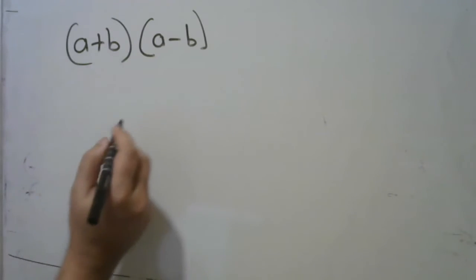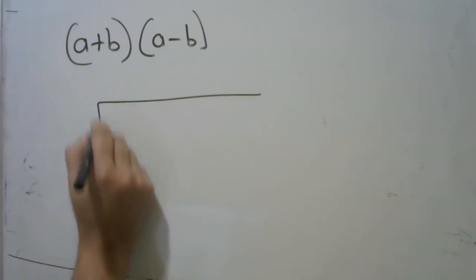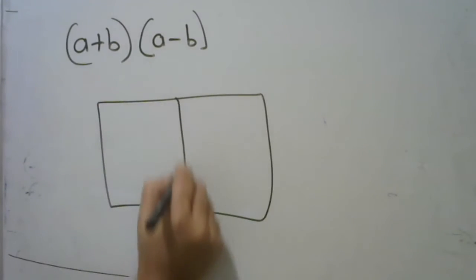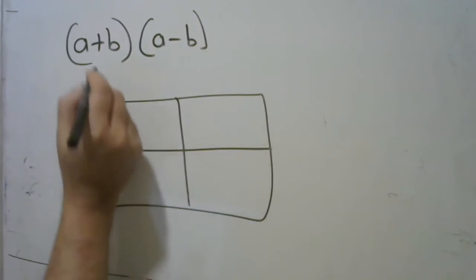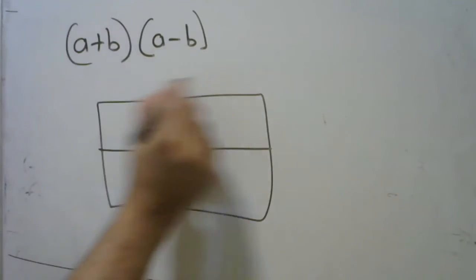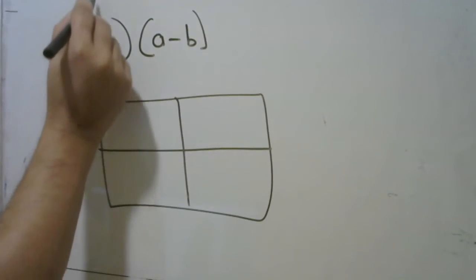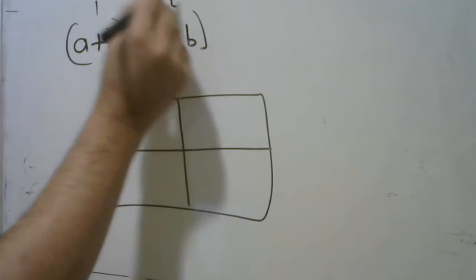Now, to work this out, again, we can draw this. Let us say on top here, horizontally, we put the first one, and this is the second.